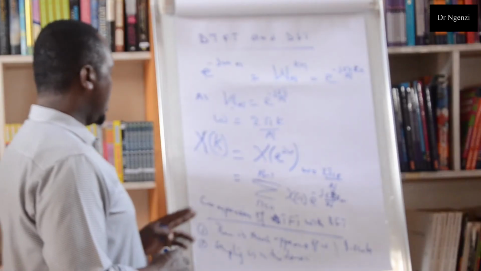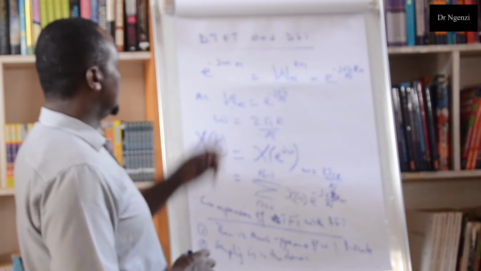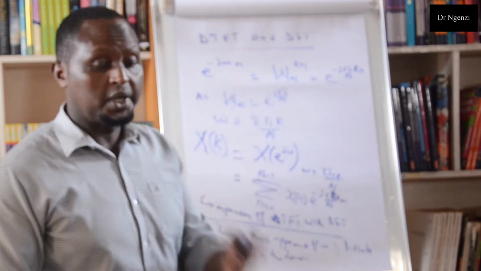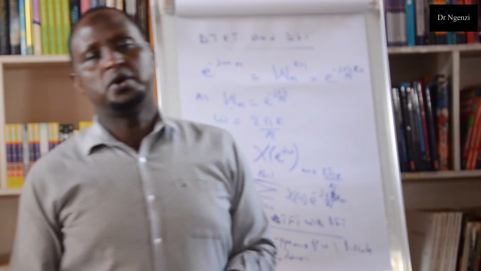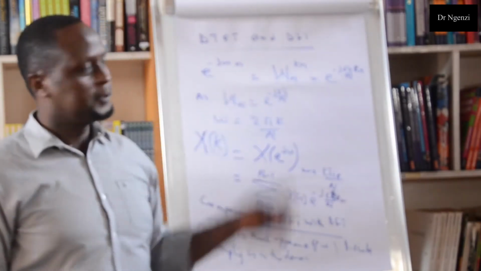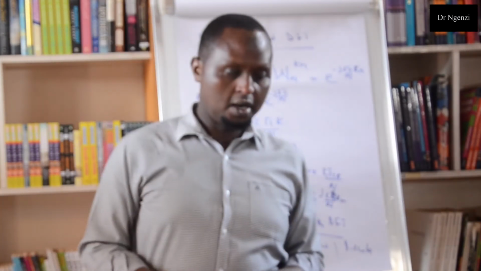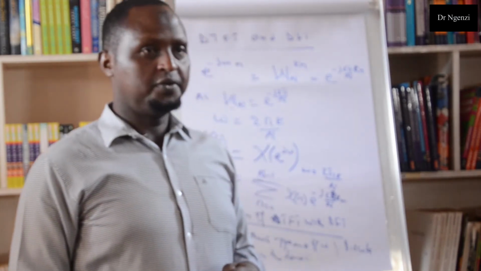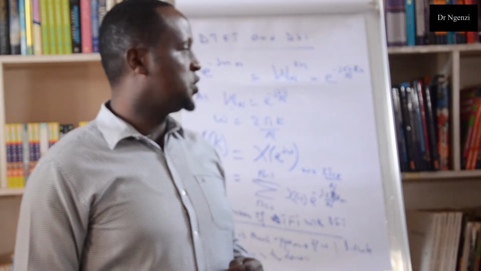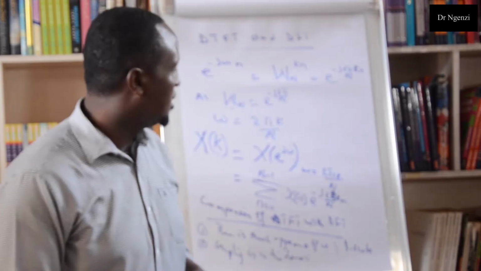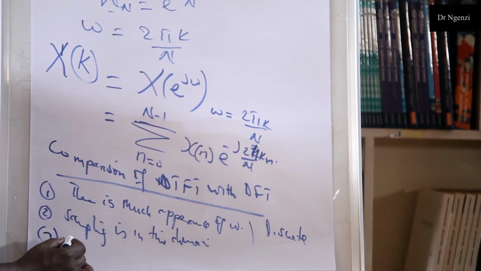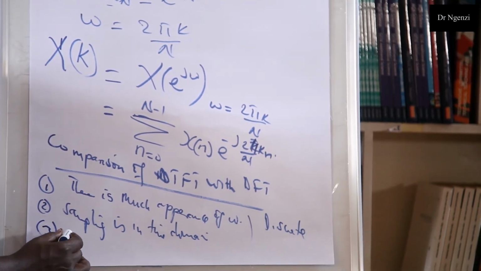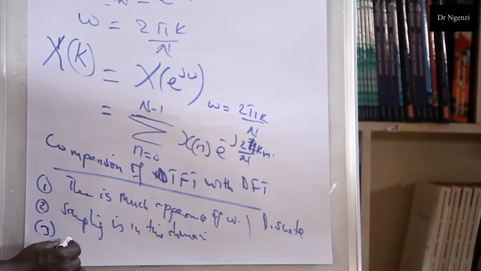So DTFT cannot be computed or analyzed numerically. You cannot use numbers in DTFT, which is based on an infinite sequence of x of n. The analysis cannot be a numerical analysis.